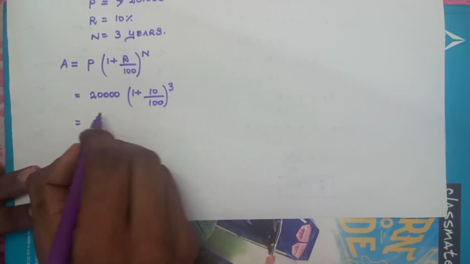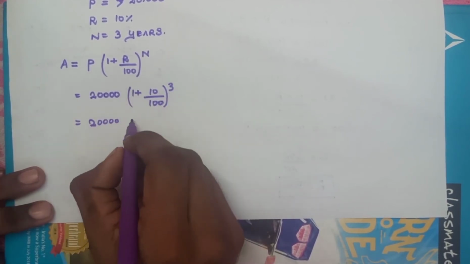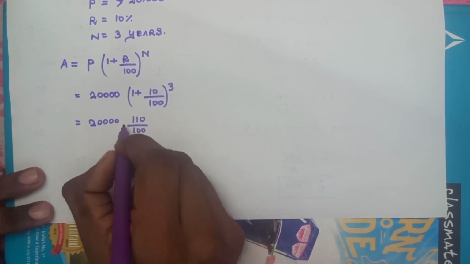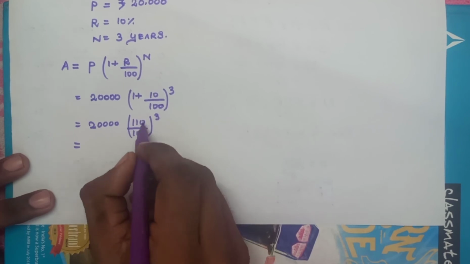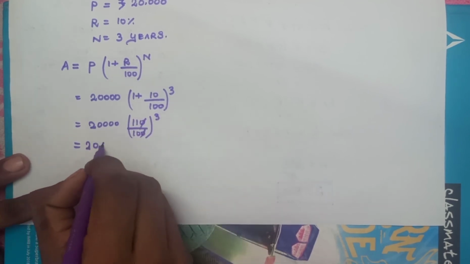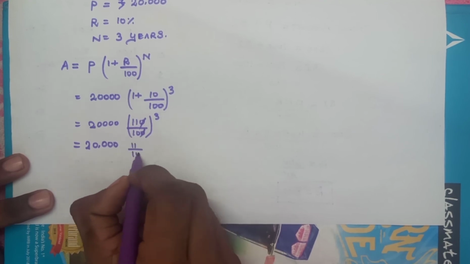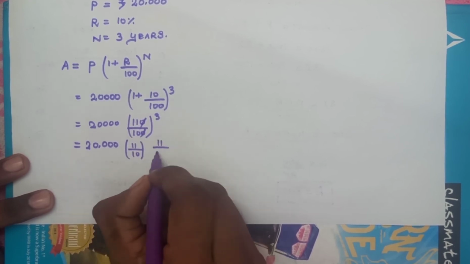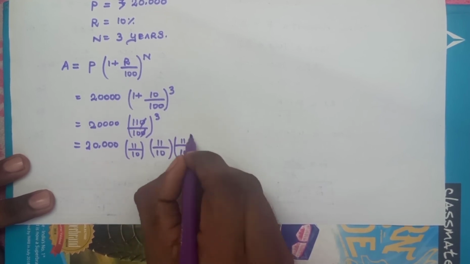So let me simplify this. 110 divided by 100, power 3. If you simplify this, 20,000, and I will write 3 times 11 by 10 because it's a cube there.